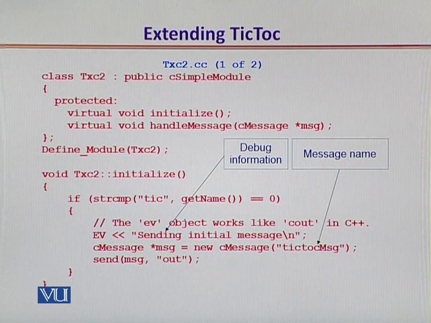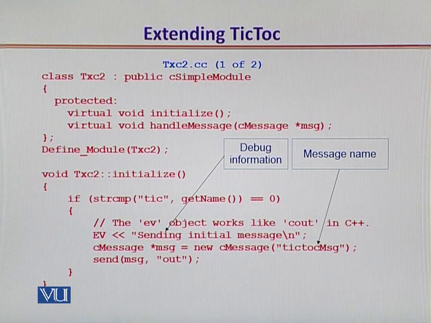Now, if we look at the txc2.cc file, we see that we had started with txc1.cc. Here again we have two methods, the initialize and the handleMessage method. In the initialize method, now we are adding some additional information.